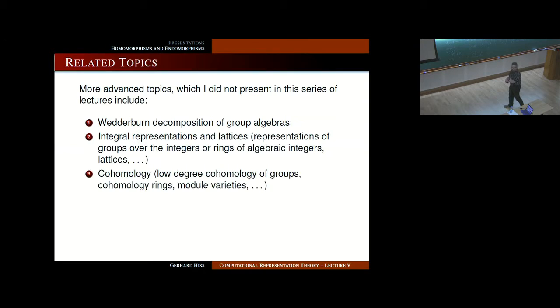Well, I mean, you have heard a series of lectures on the computation of cohomology, but this in particular means cohomology of groups and modules, low-degree cohomology groups to describe extensions of groups or extensions of modules, or complements in extensions, the computation of cohomology rings, which leads to the computation of module varieties, a very advanced topic in the theory of representations of finite groups over fields of positive characteristic due to Jon Carlson.